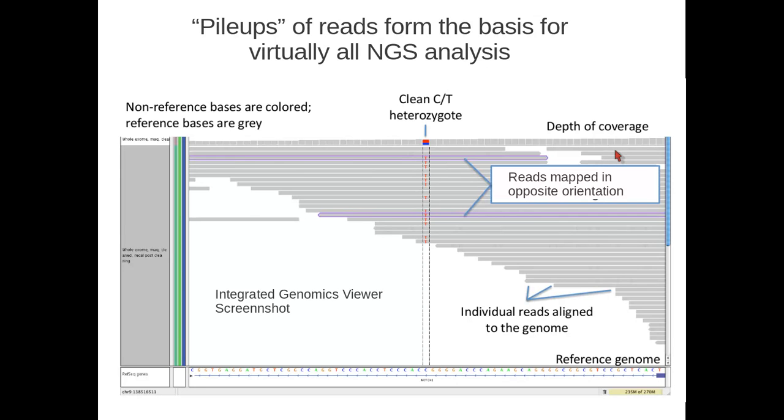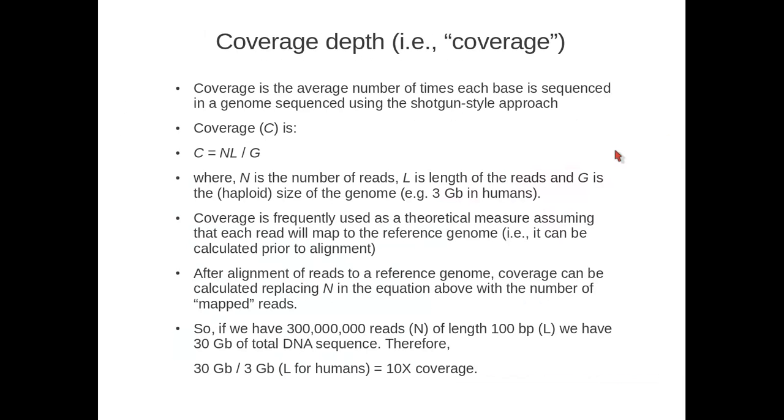So let's talk about that just for a minute, and I'll give you a rigorous definition. Coverage is the average number of times each base is sequenced in a genome using this shotgun style of next generation sequencing. And what I want you to think about is, don't get into the algebra, let's just talk about it for a second.